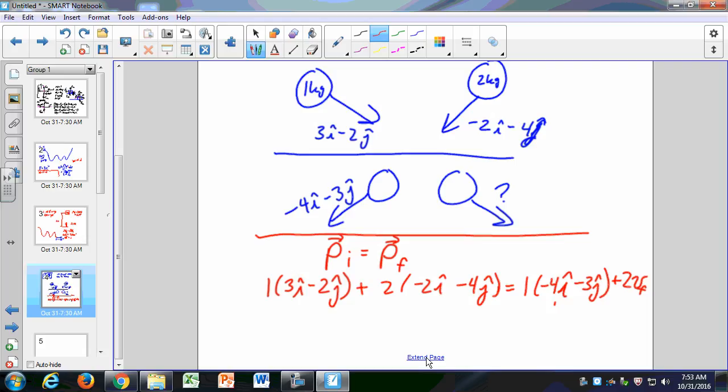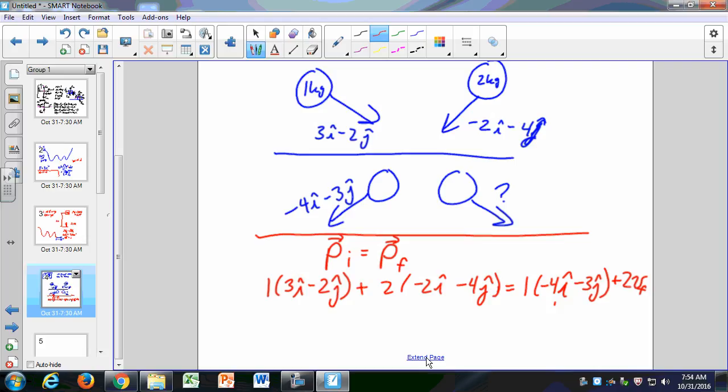This is the initial momentum of the first particle, initial momentum of the second particle, the mass times the initial velocity. This is the final momentum of the first particle, 1 kilogram, the mass times the final velocity, which is given, and then you solve for this.